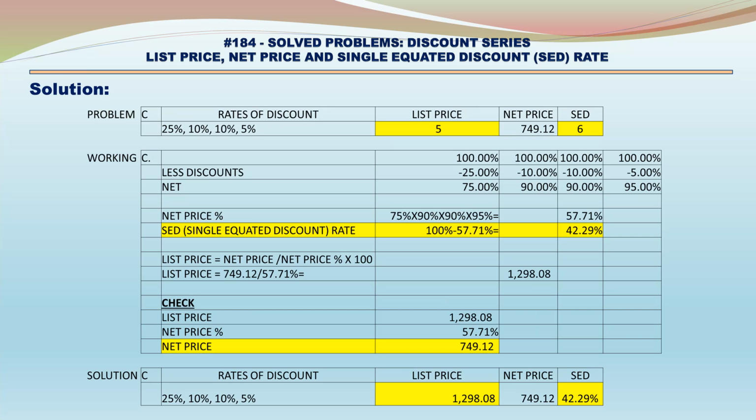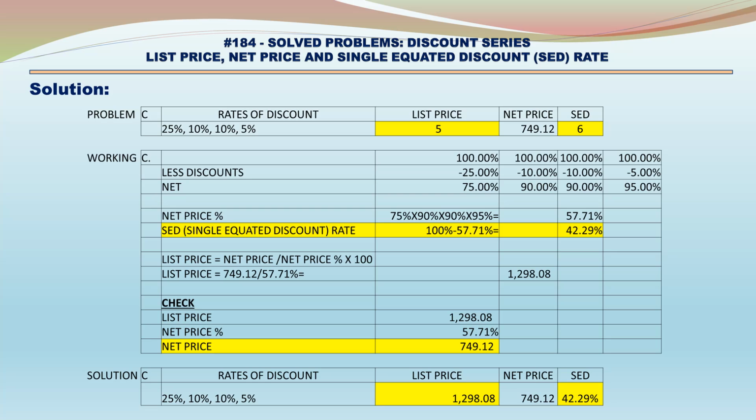Problem C. Rates of discount 25%, 10%, 10% and 5%. List price is not known. Net price 749.12. SED not known. Working: 100%, 100%, 100% and 100% for 4 discounts. Less discounts are respectively 25%, 10%, 10% and 5%.